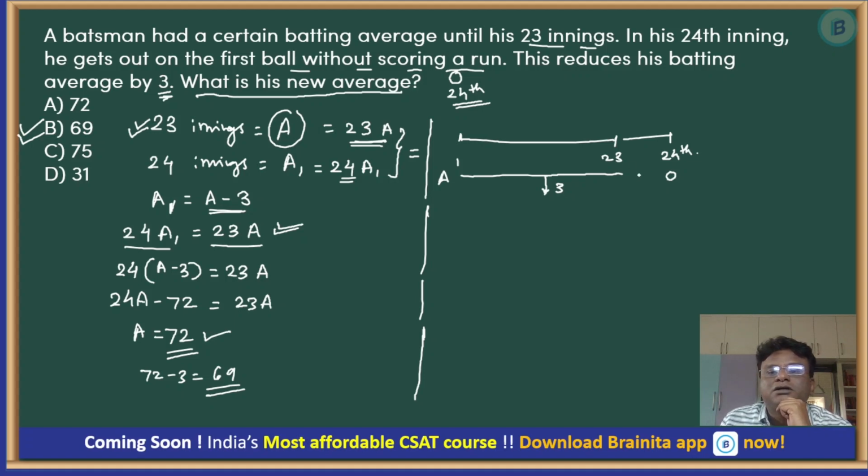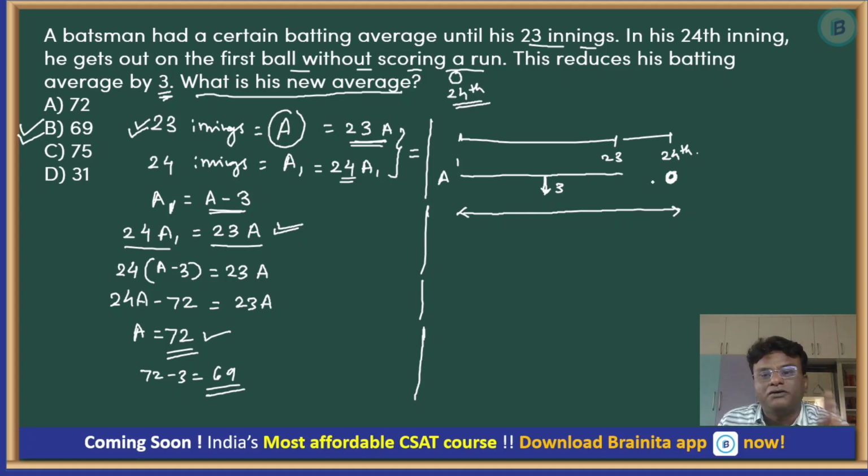Now we know that whatever is the delta because of this score will have impact on the overall average, and these 0 runs got divided across these 24 innings, which had an impact of bringing down the average by 3.